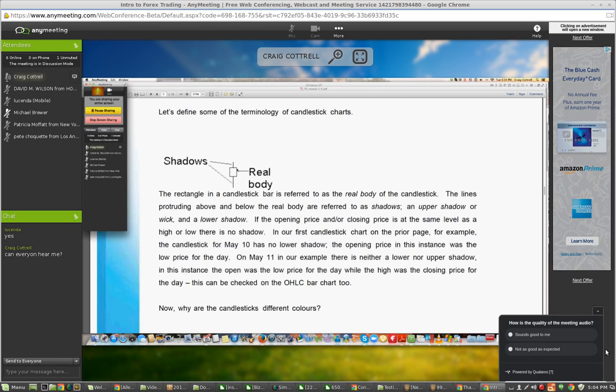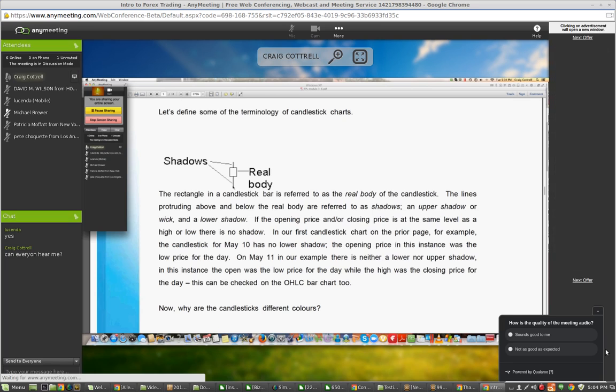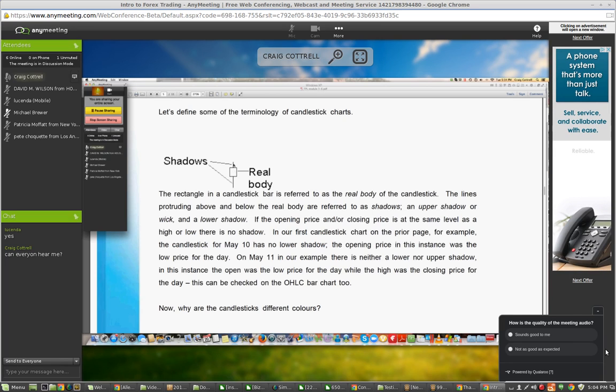Let's call this a 30-minute time frame. So the price opened here and closed higher at the top of the body. The top wick is the high for that time period, and the bottom wick is the low. So we have the low price, the high price, the open, and the close. That gives you a great deal of information in just one little candlestick.